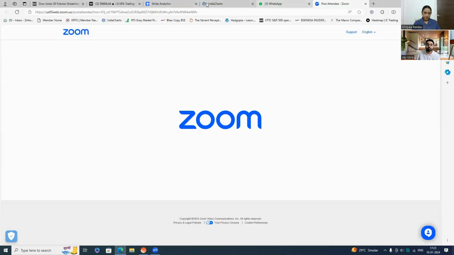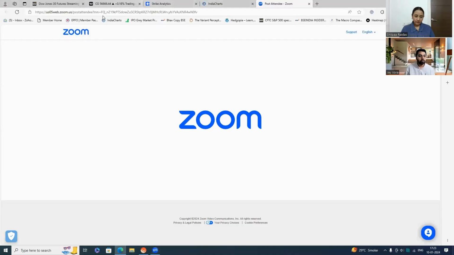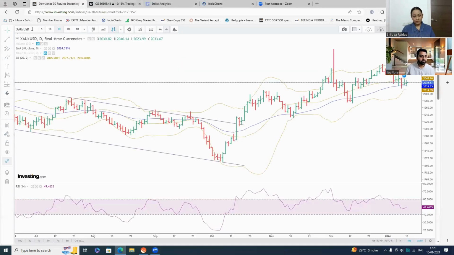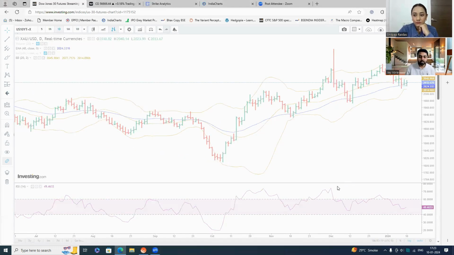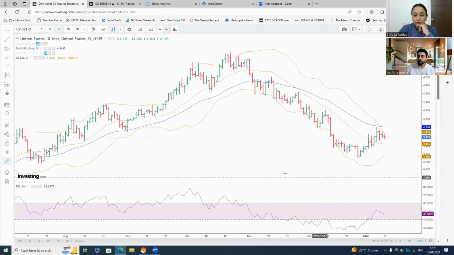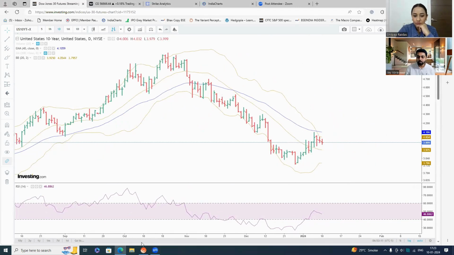Okay. Now, when we look at the US indices, I'll quickly share my screen. So when we look at the US 10-year, the US 10-year and the dollar index have similar patterns, where they formed a bottom.